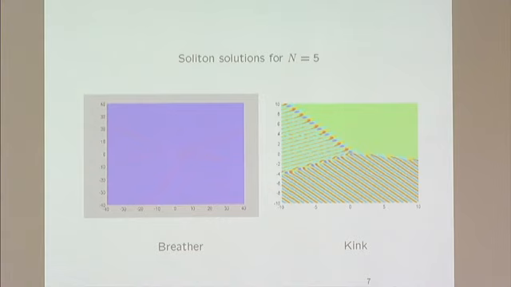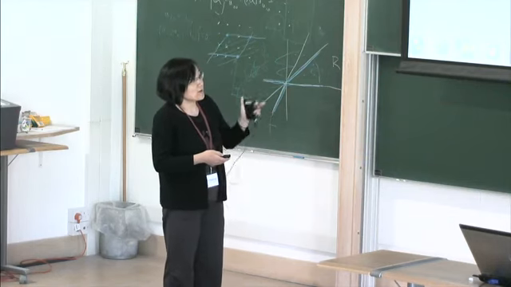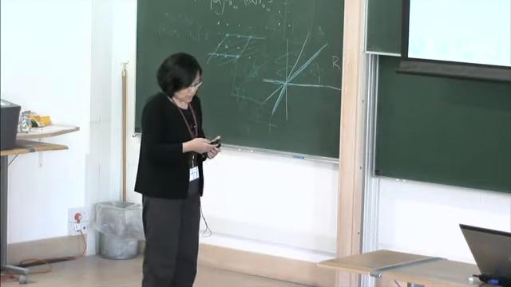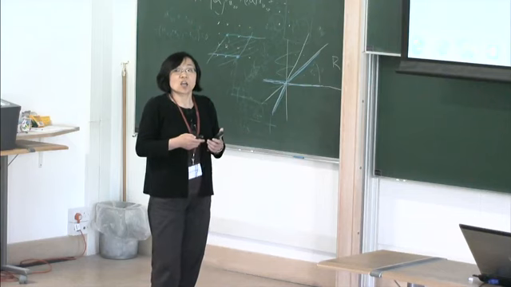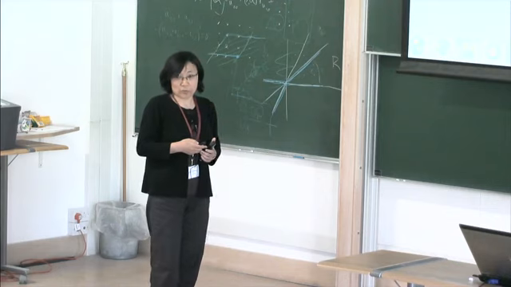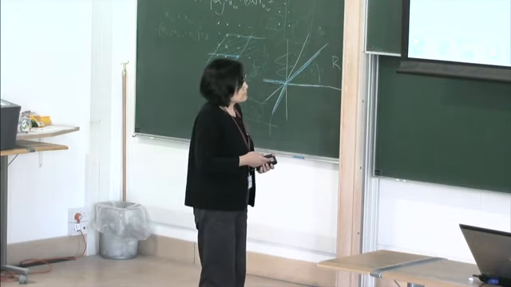You have to go to R squared to do the splitting. I will not talk too much about this graph because that is not my work. But the way they got that is by using the dressing method, and the dressing method is closely related to the double matrix. So that's why I included that one.